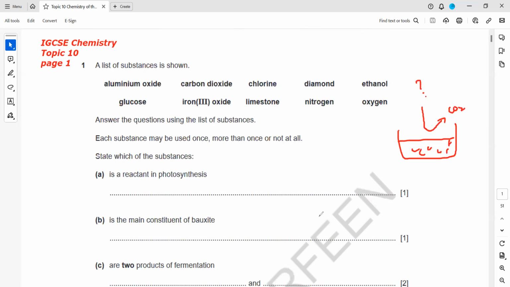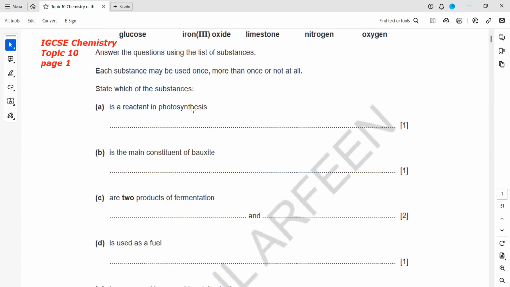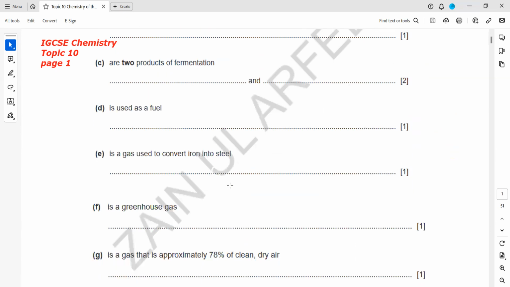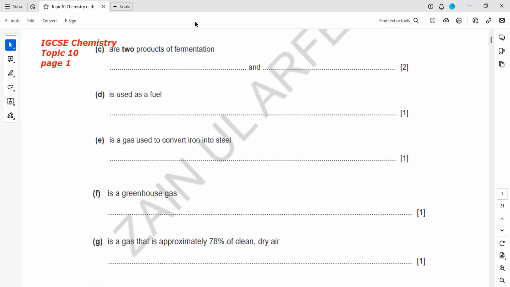Which chemical is used here? Oxygen. It's not limestone, it's oxygen. Because oxygen reacts with carbon, it gives carbon dioxide. So we can change the composition of carbon in the sample. That's why the gas used to convert iron into steel is oxygen.